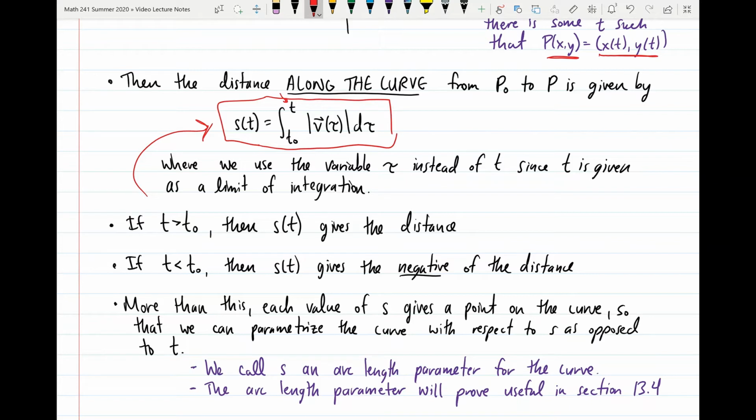And if t is less than t naught, then s of t is going to return a negative value, and it's actually going to give us the negative of the distance along the curve from p sub t naught to whichever point is corresponding to that t.